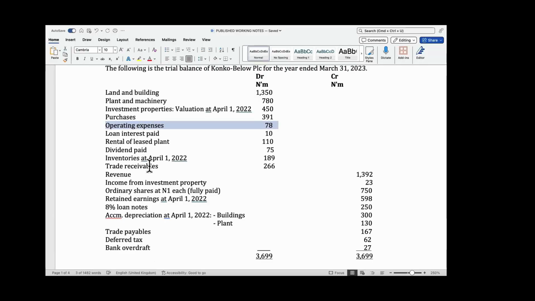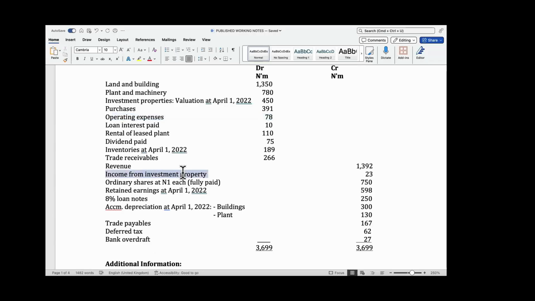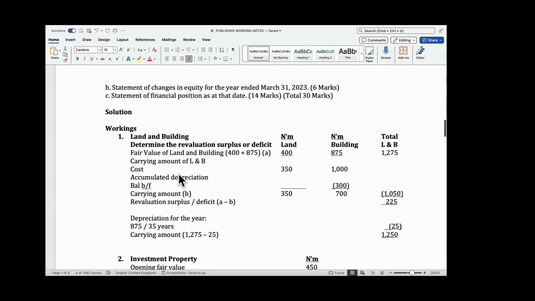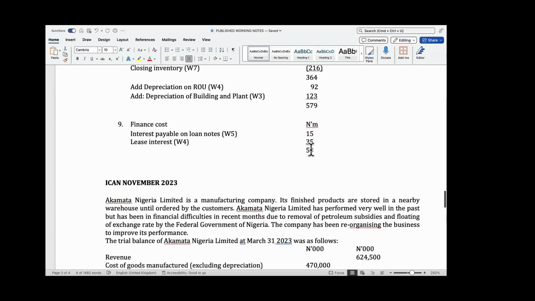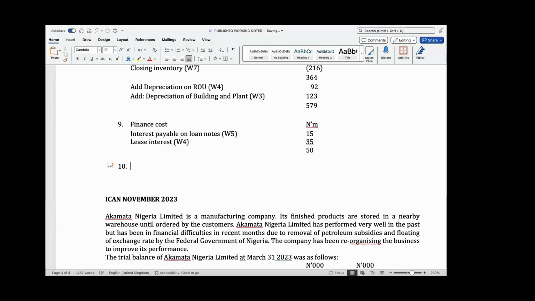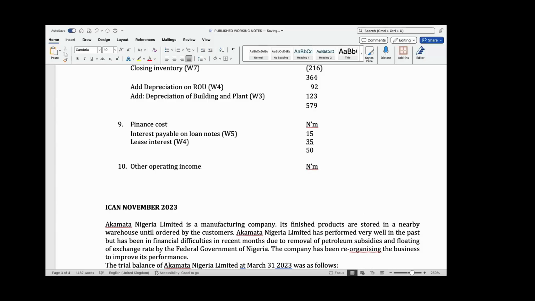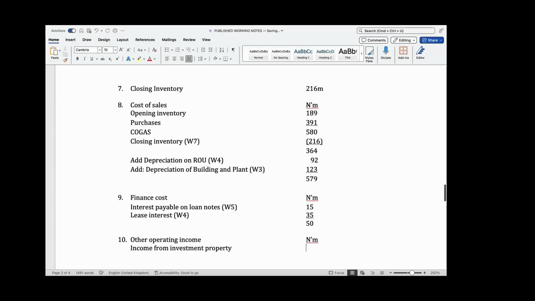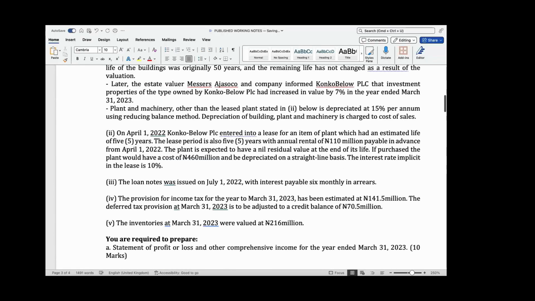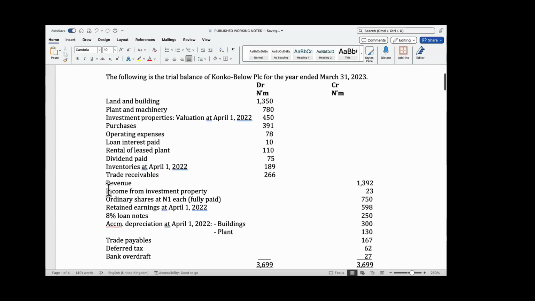So I think I've put some things together, and I can see here I have operating expenses. There's nothing much to it. And I have income from this other income. So let me put my other operating income together, because there is more than one item. I have income from investment property from my trial balance, this 23.